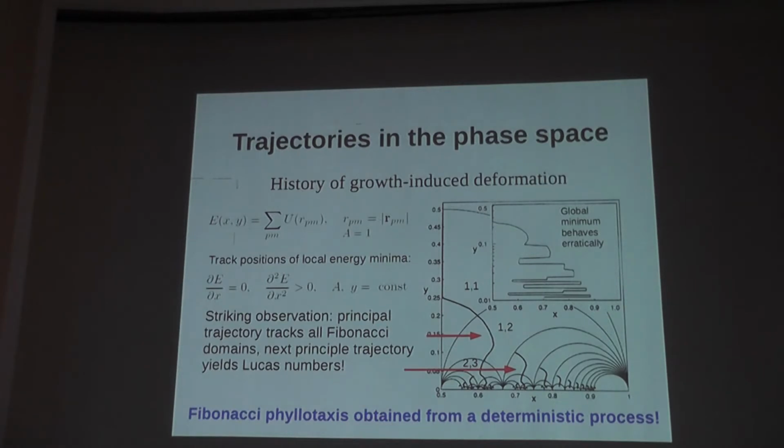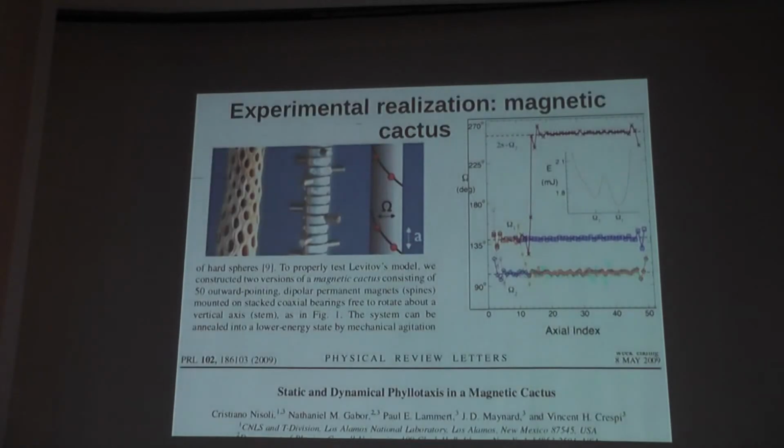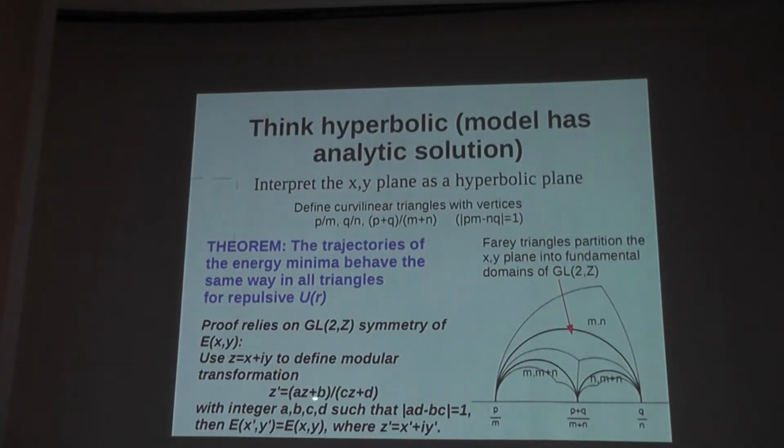But in fact, it is symmetric if you interpret x plus iy as a complex number, and then you find that if you perform a Möbius transformation, fractional linear transformation with a, b, c, and d being integers forming a matrix with unit determinant, then that will be an invariance transformation for the energy. Energy will not change under this transformation, right?